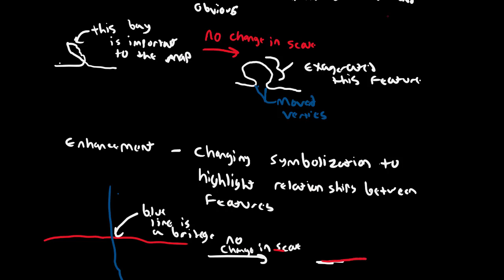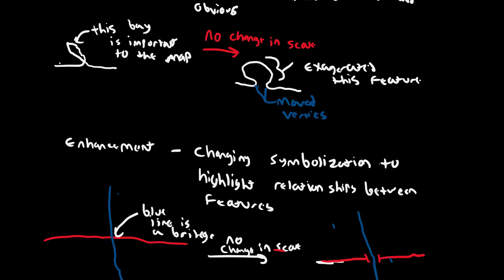Symbolically, we might make something that looks like that, and then the blue line would be drawn like that.